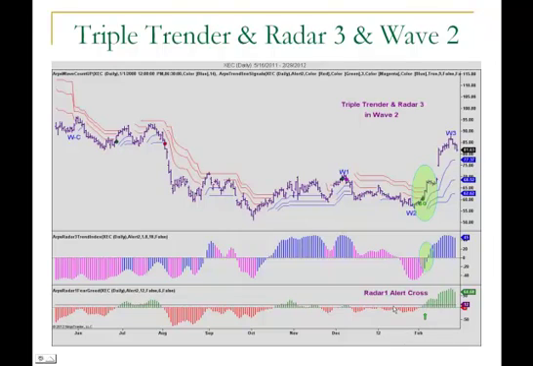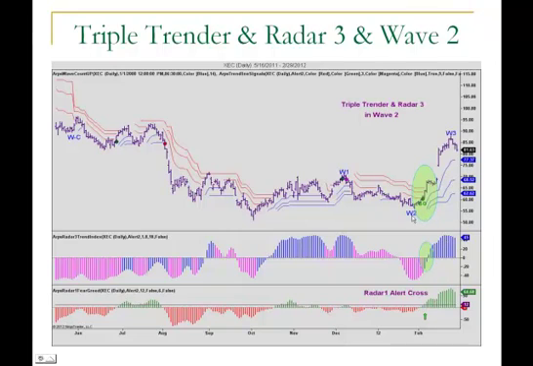And I wanted to show you one other way I confirm an early trend entry, and that is I used a little alert setting on the Radar 1 fear greed indicator, and I set it to the value of the previous high of the indicator, and that way I have to wait for the fear greed indicator to exceed that value in order for me to confirm that the buying pressure is getting stronger than it had been in the past, that we're actually likely to see the potential for a trend there.